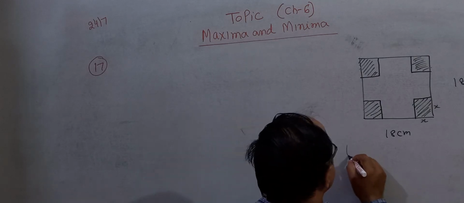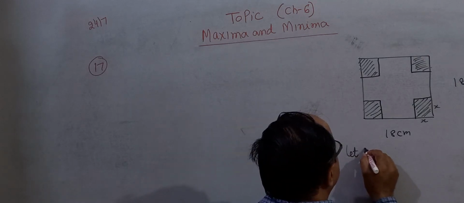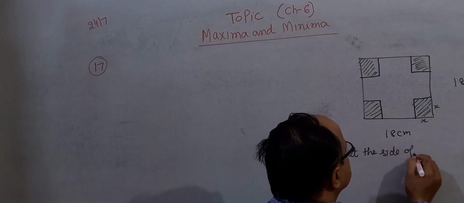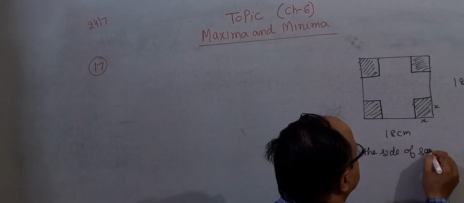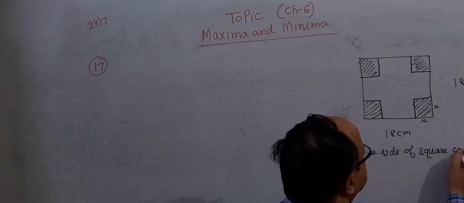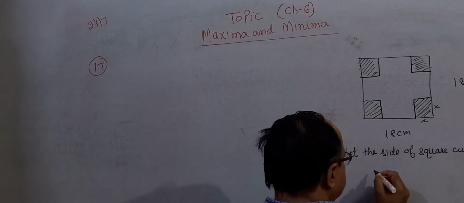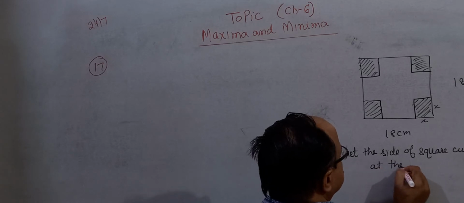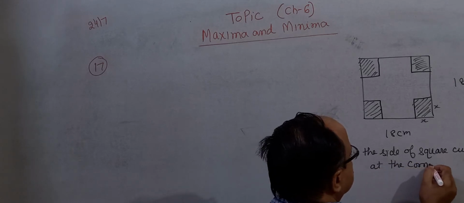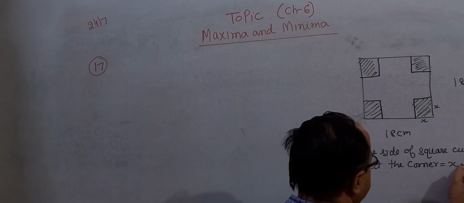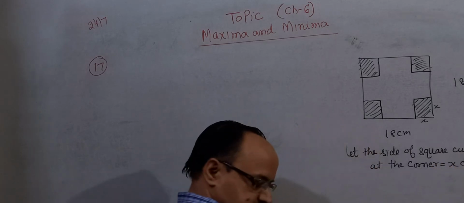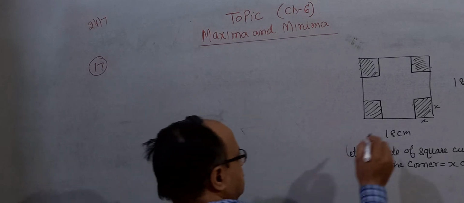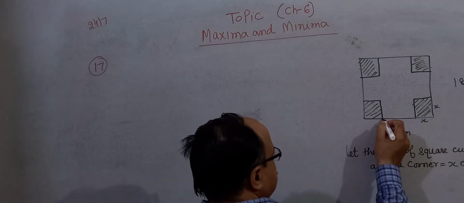Let the side of the square cut at the corner be x centimeter. X centimeter, correct? And this is x and this is also x.